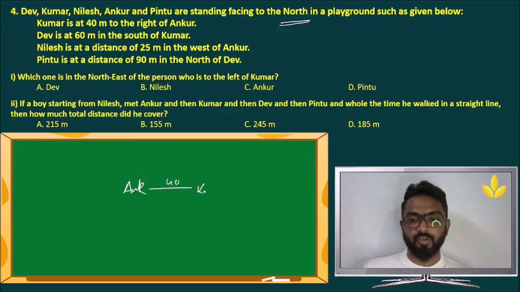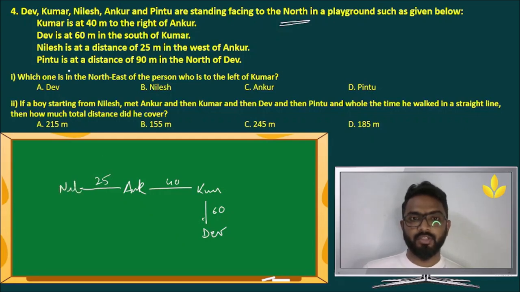40 meters, Kumar. Dev is 60 meters to the south of Kumar. Nilesh is at a distance of 25 meters in the west of Ankur, that is to the left hand side, 25 meters, we have Nilesh.